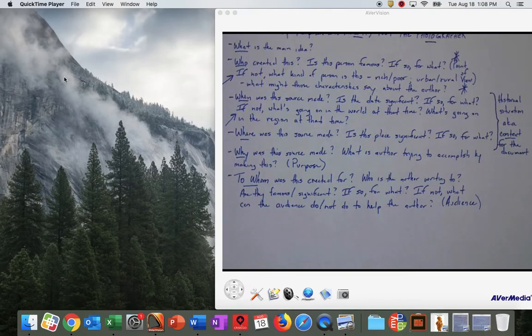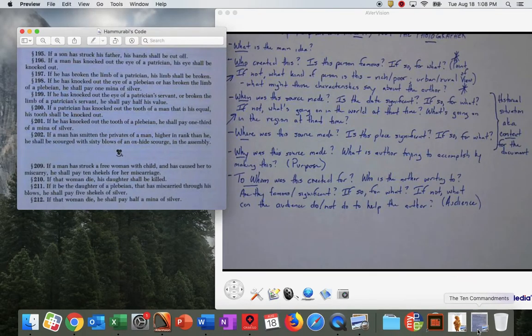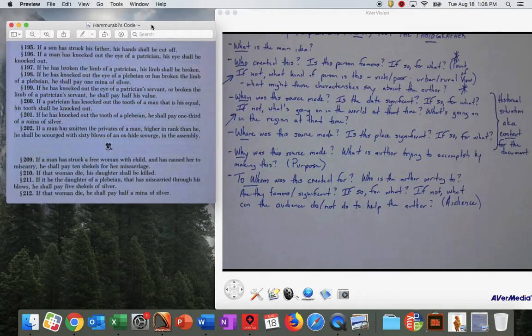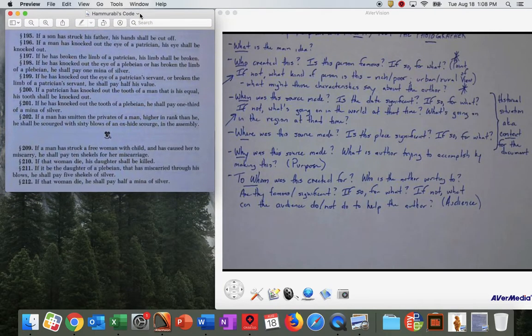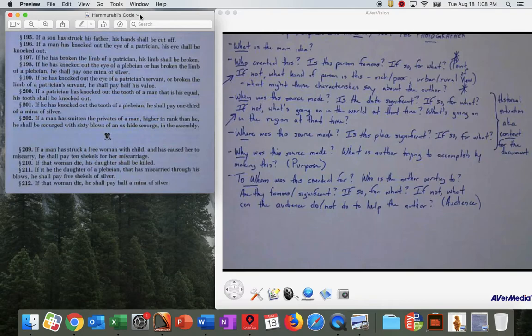We're going to do a couple of written sources, and we're going to do a visual source, but they all refer back to the stuff we've been covering in the past couple of videos. So I'm going to put this source up here. This is Hammurabi's code. I'd like you to pause it and read the source. I'm going to assume that you've paused it now, and I'm going to keep going.